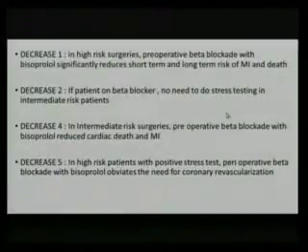DECREASE 4 said even if the patient is going for intermediate risk surgeries, go ahead and do beta blockade with bisoprolol because it's beneficial. DECREASE 2 said if the patient is on beta blocker, it's so good that you don't even have to do stress testing. DECREASE 5 said if the patient even has a positive stress test, if he's on perioperative beta blockade, there's really no reason to do revascularization.